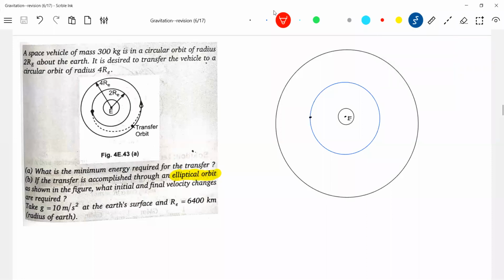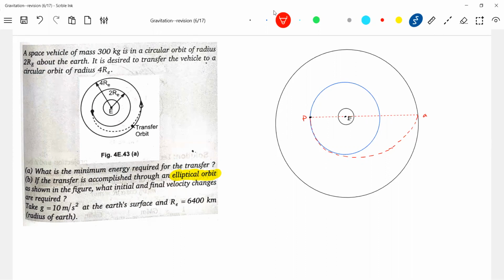Elliptical. Rough diagram. Can we call this a perigee?